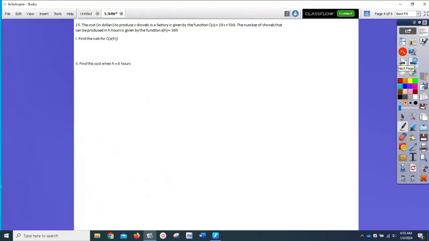Let's see, the last one I'm going to do is a word problem. The cost in dollars to produce x shovels in a factory is given by the function cost as a function of x is 20x plus 500. The number of shovels that can be produced in h hours is given by the function x as a function of h is 30h, meaning we can produce 30 shovels per hour. And you're supposed to find a rule for cost as a function of x of h.